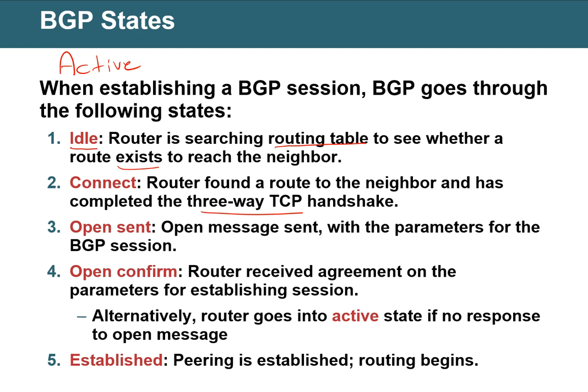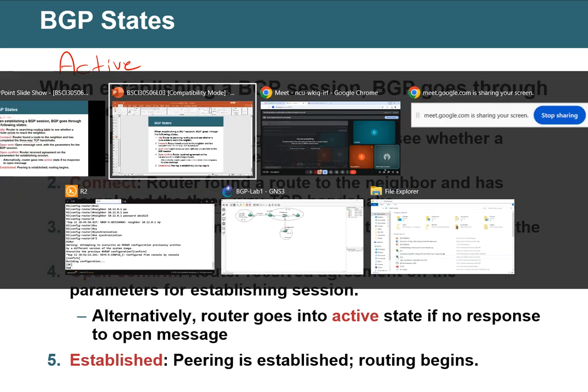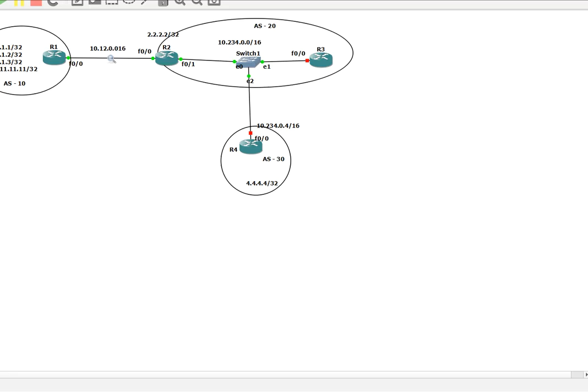For three-way handshake to be successful, we should have configured BGP on both routers. For example, both on router 1 and router 2, I should have configured BGP.